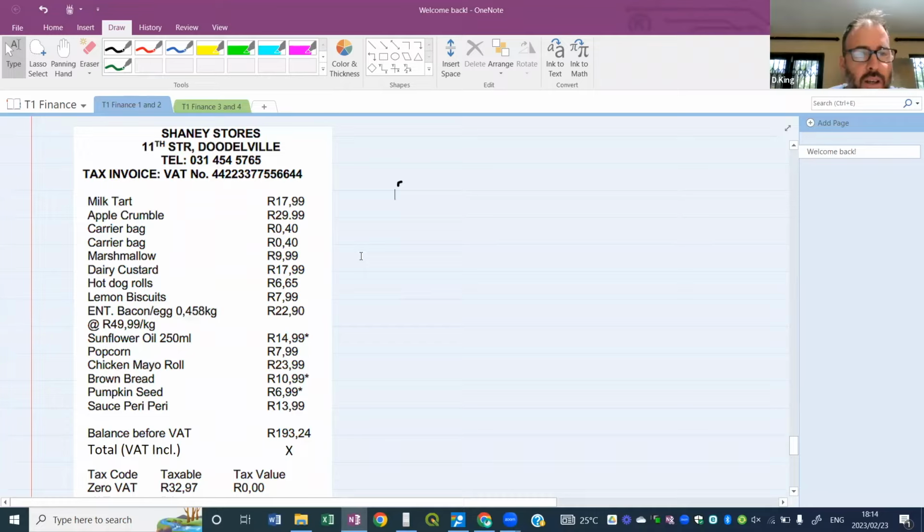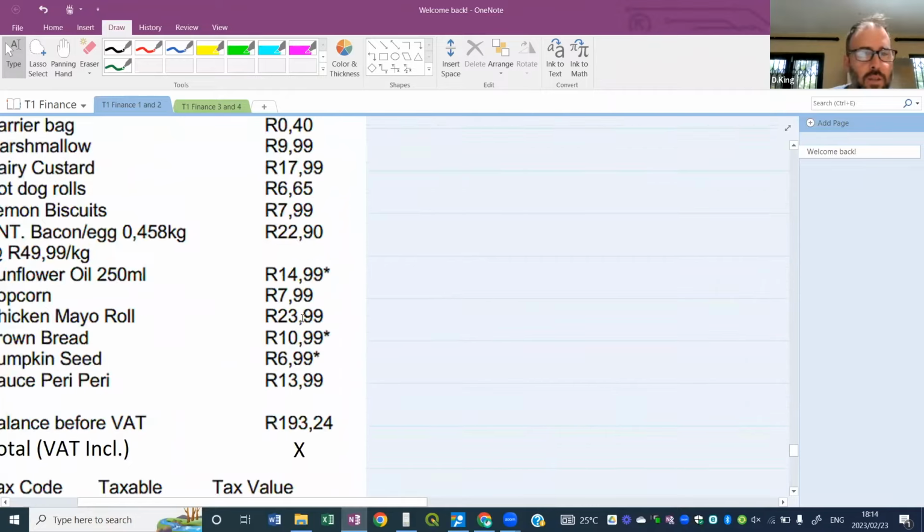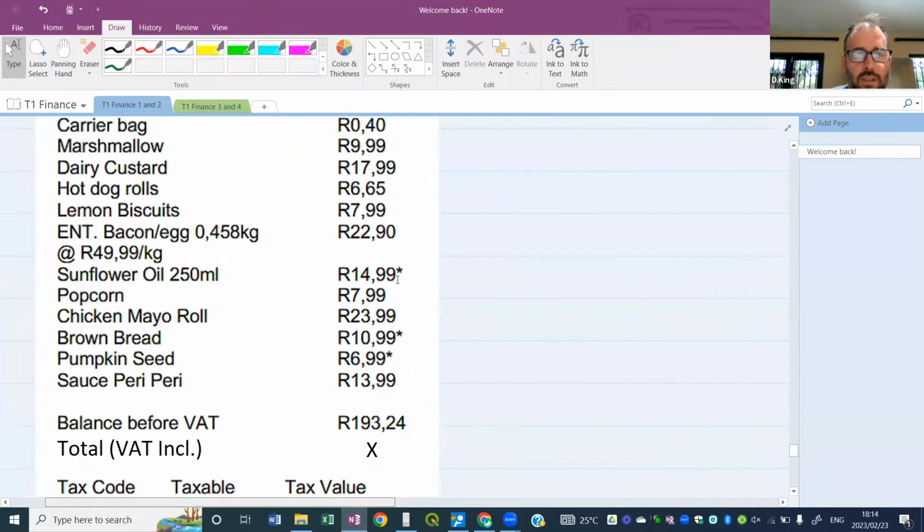And I don't know if you can notice, maybe if I zoom in, you'll see it a bit better. But some of these items here have got an asterisk, this little star around them. What is this asterisk for? Can anyone tell me?